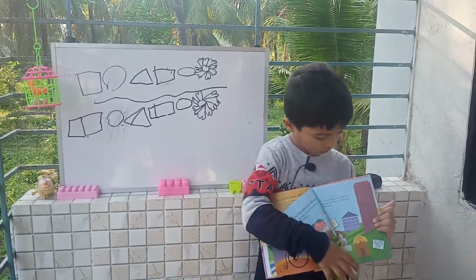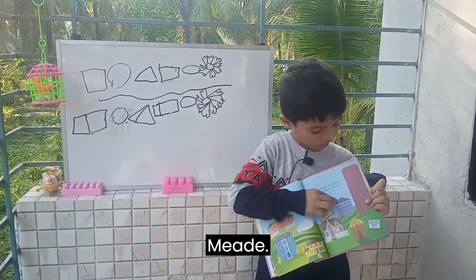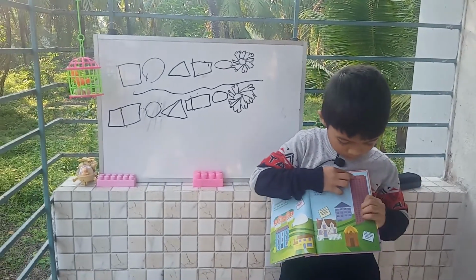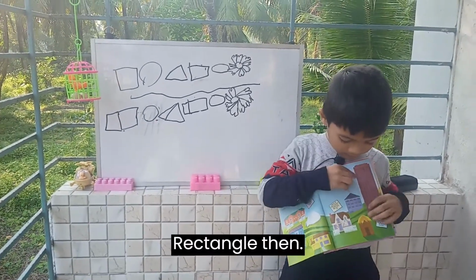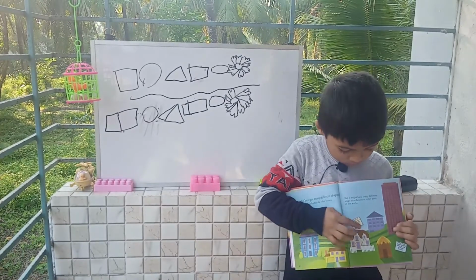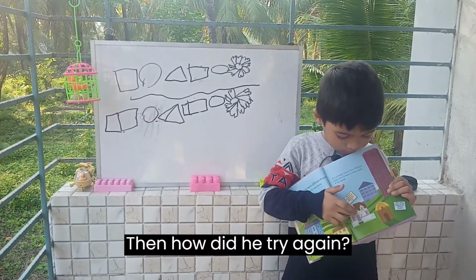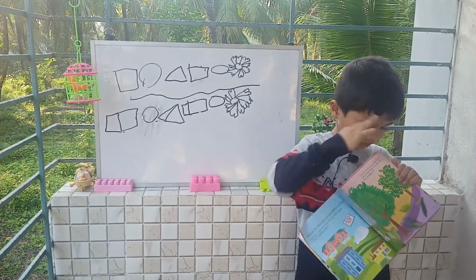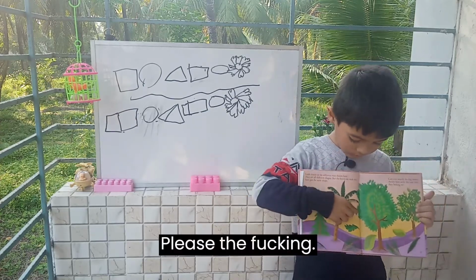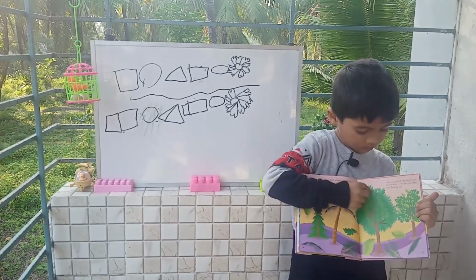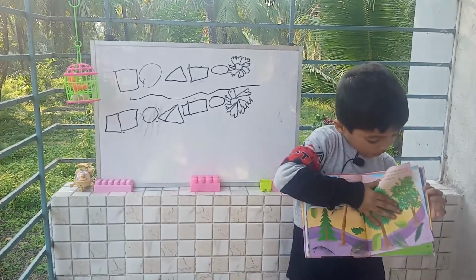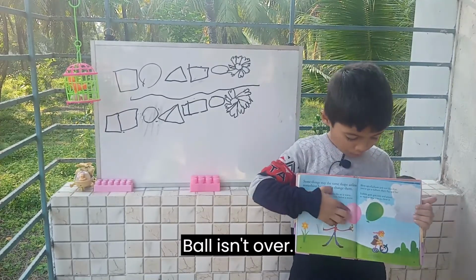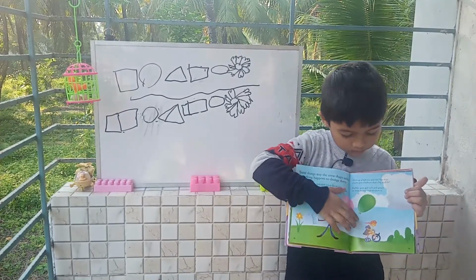Now, pyramid, rectangle, pyramid, rectangle, then houses is a triangle, tree is a circle, oval, then ball is an oval.